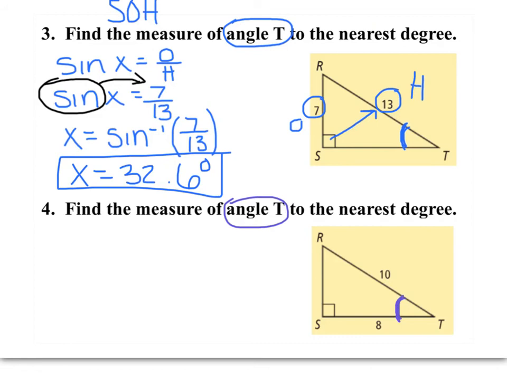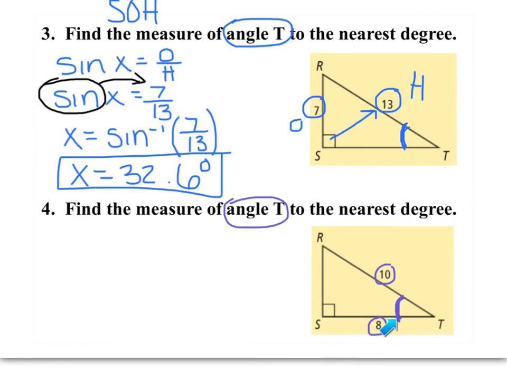Now let's look at the location of the two sides that we are given in the problem. I have the 8 down at the bottom, and I have the 10 above. Now, looking at the location of the 8 in this problem, I notice that the side that is marked 8 touches my reference angle right here.